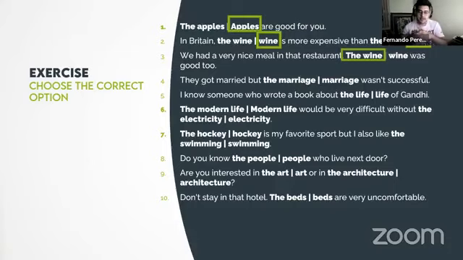Now let's pass to the next. Number 4. Tell me, Benji. Okay. They got married, but the marriage wasn't successful. So you're saying "the," right?